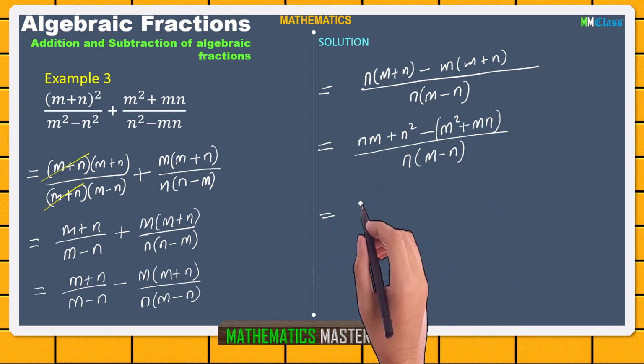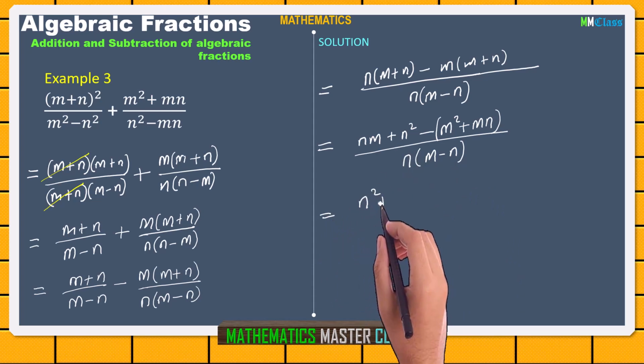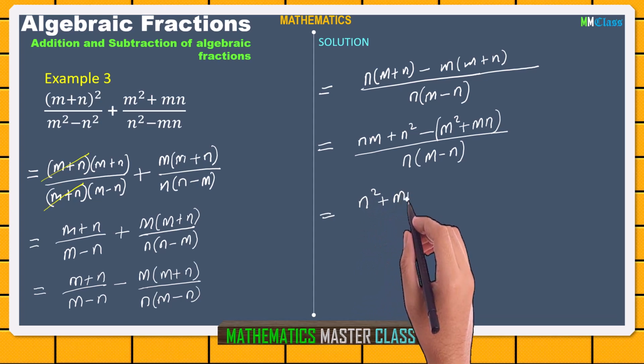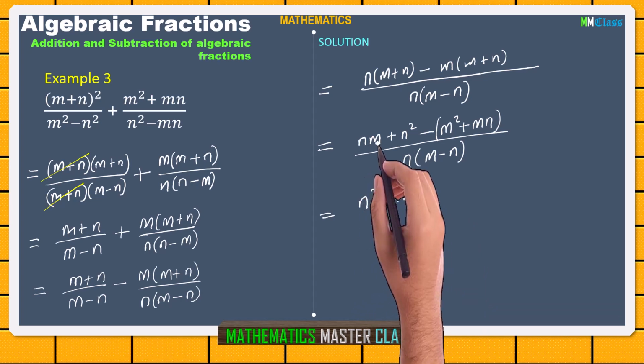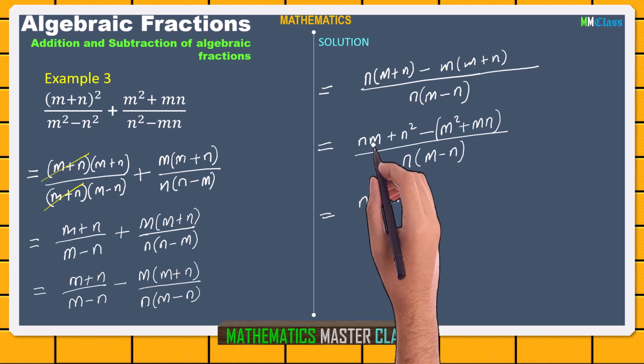So let's rearrange this one as n squared plus mn. Remember, mn and nm is the same thing. That is the law of multiplication.